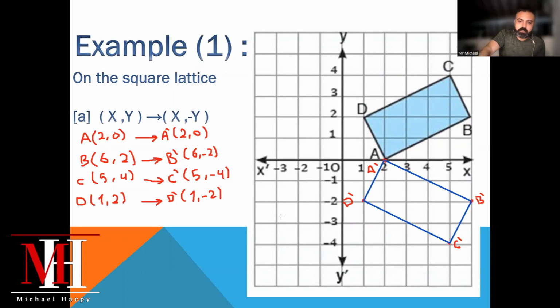This transformation is reflection on the x-axis. The x-axis is called the line of reflection.